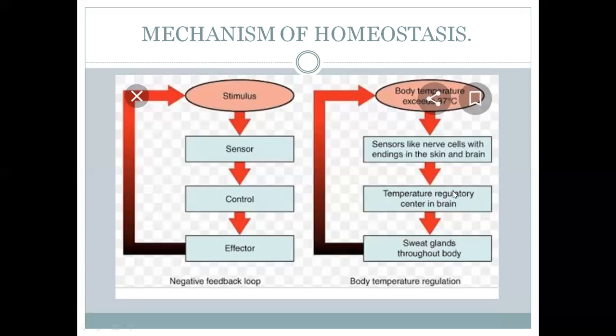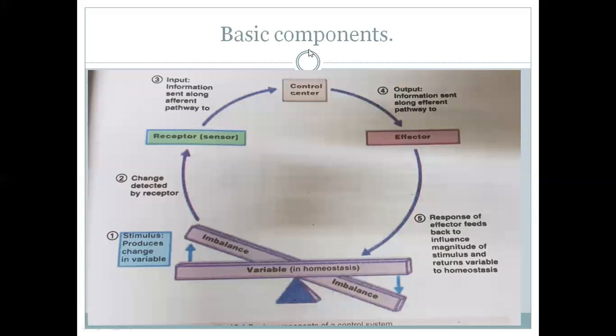The hypothalamus reads the message, and according to its intensity, sends messages to the different parts of the body. Because it is very hot, it sends a message to the sweat glands, and they start sweating. Perspiration starts, the body temperature cools down, and this variable is neutralized.